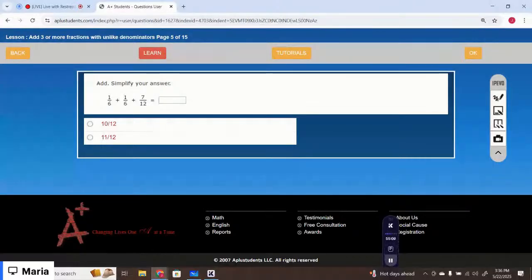Add, simplify your answer. So which is the correct option?